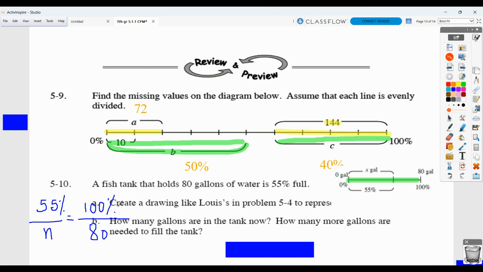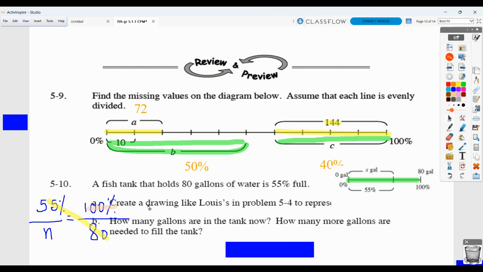Percent across from percent, gallons across from gallons. The unknown amount of gallons is 55%. The known amount of gallons is 100%, is 80 gallons. And then you could do your cross products, meaning you could multiply diagonally 55 times 80, and then divide by your third value, which is 100. Okay, that would be one way to get to the answer.